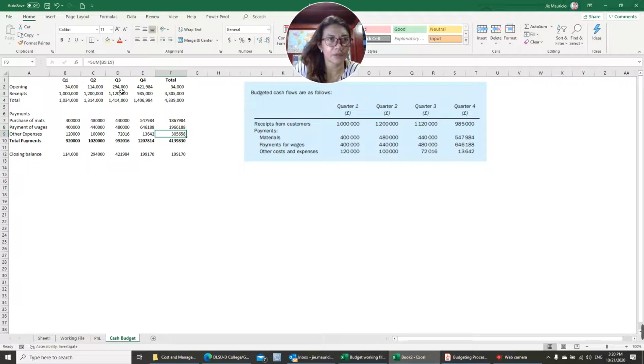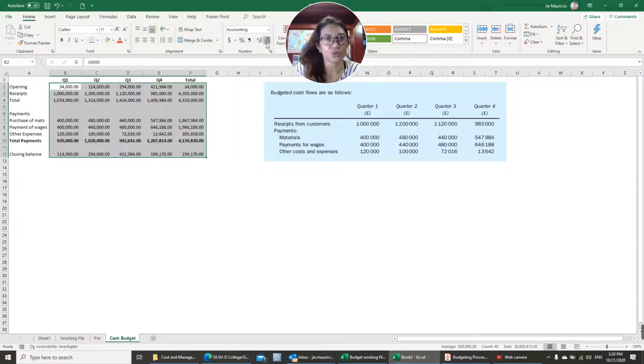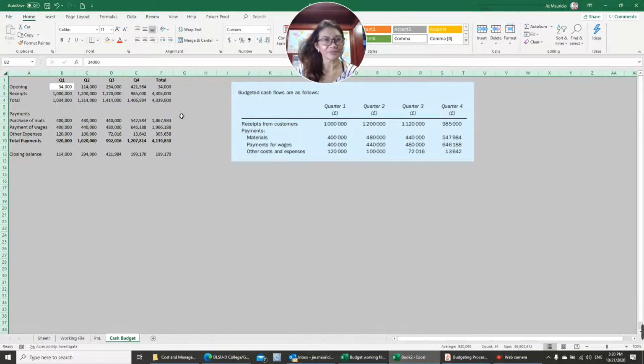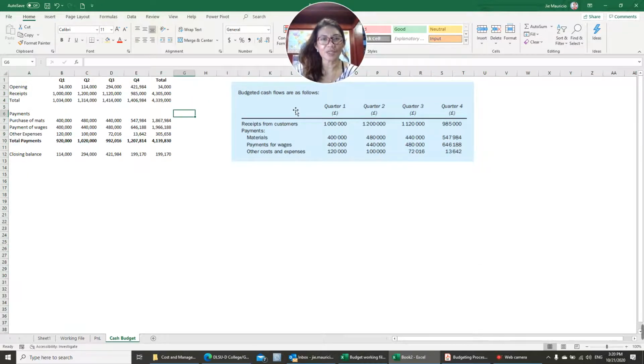Okay. So you can see here our cash budget for the year. So I just encoded the different assumption for receipts and payments on these columns, on these cells.